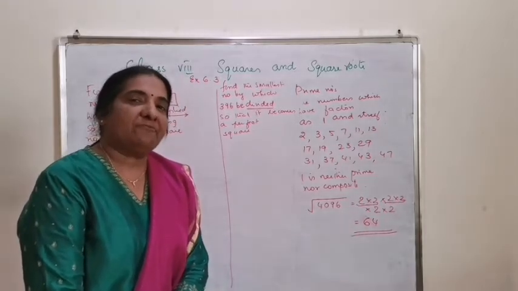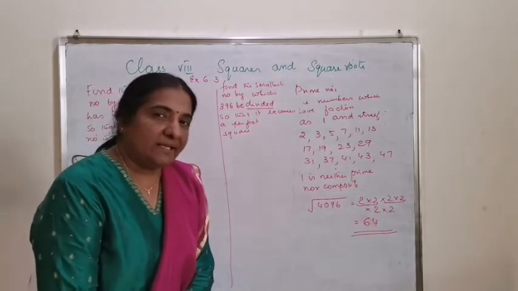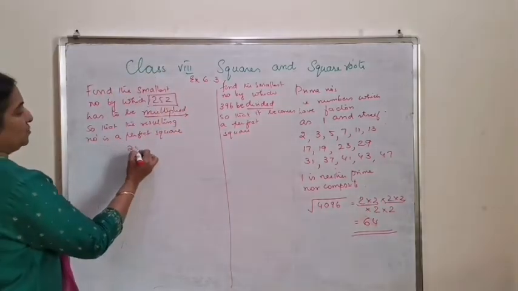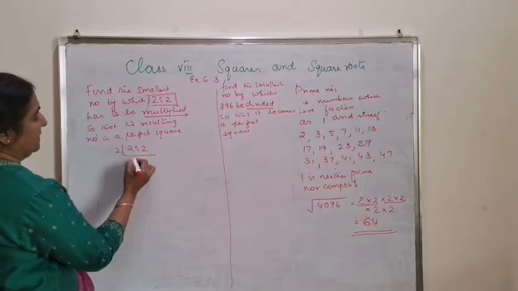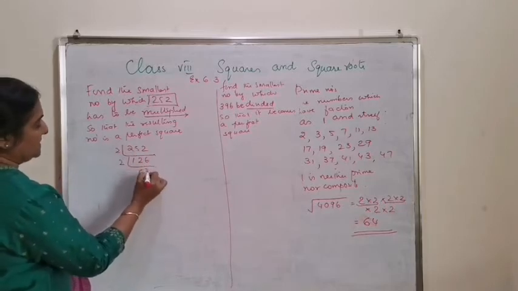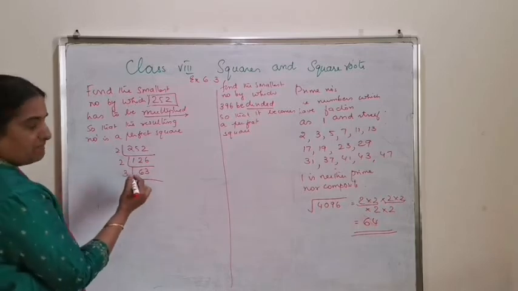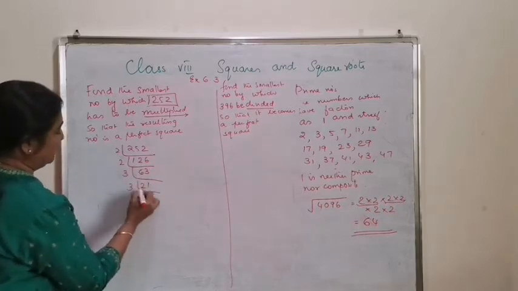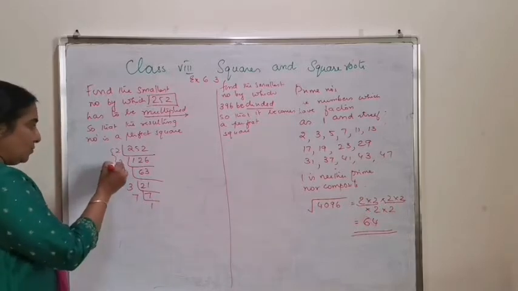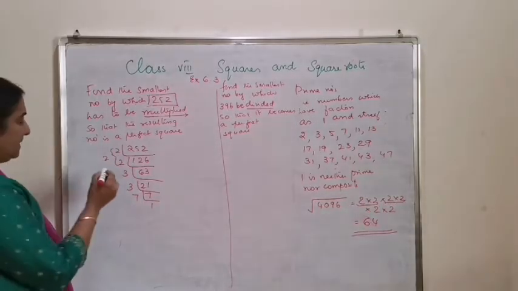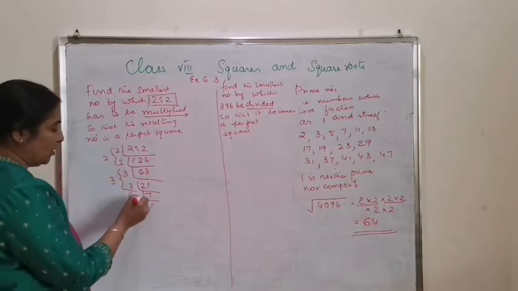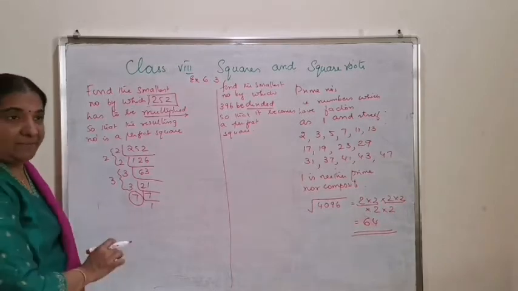And the prime factors, we know that they should occur in pairs. 252, the prime factors are: 126, by 2 is 63, by 3 is 21, by 3 is 7, 7 and 1. 2 has occurred in pair, 3 has occurred in pair. The prime factor which has not occurred in pair is 7.